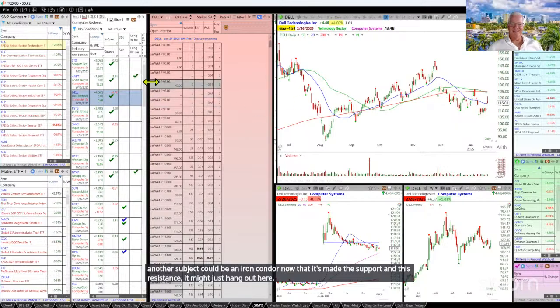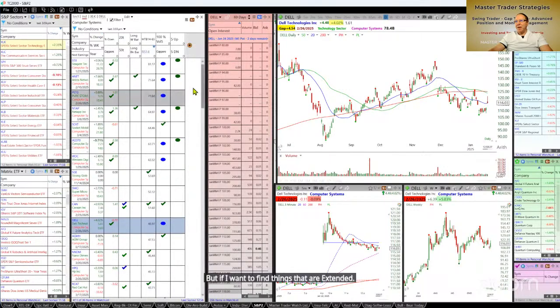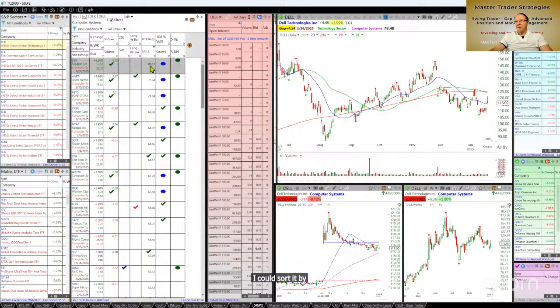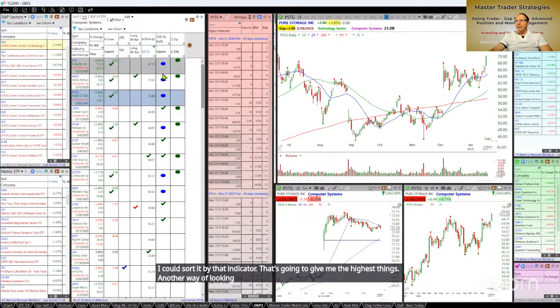If I want to find things that are extended, I could sort by that indicator, and that's going to give the highest things. Another way of looking for that is to go to a different scan.